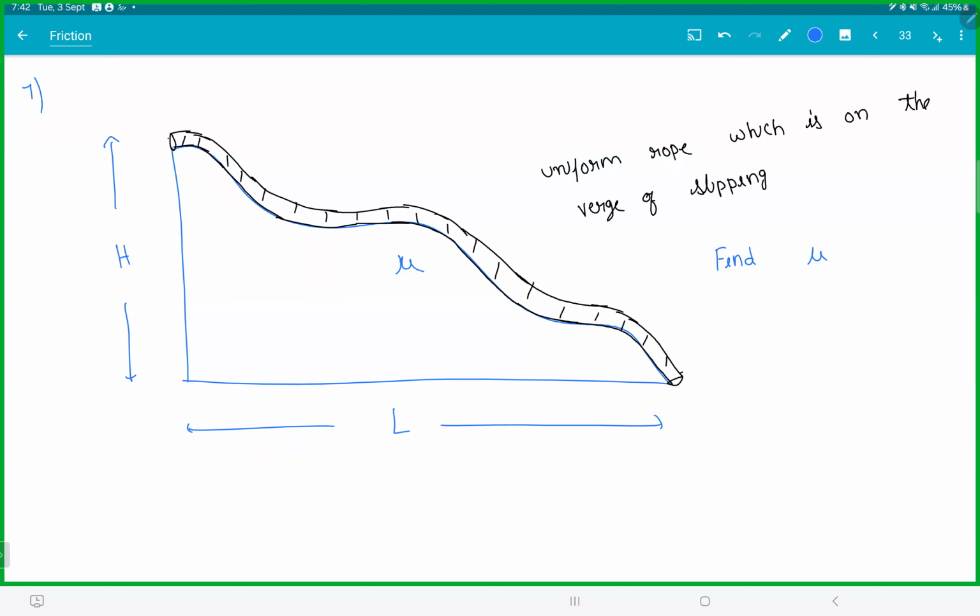Find the coefficient of friction. Try, just give it a try.